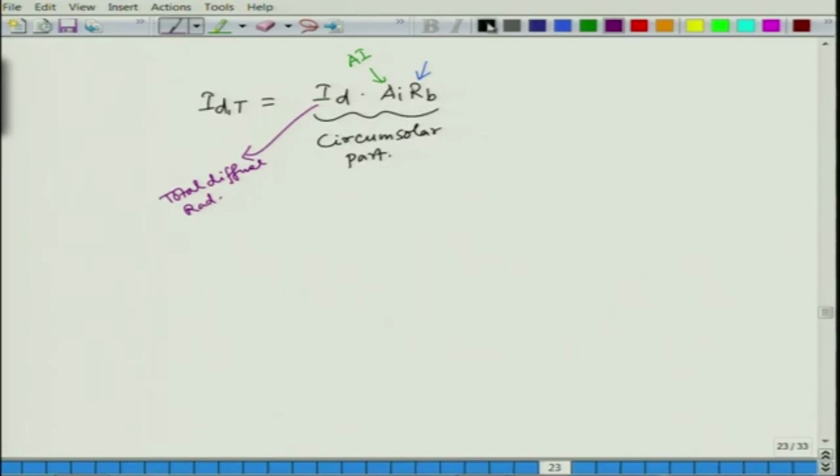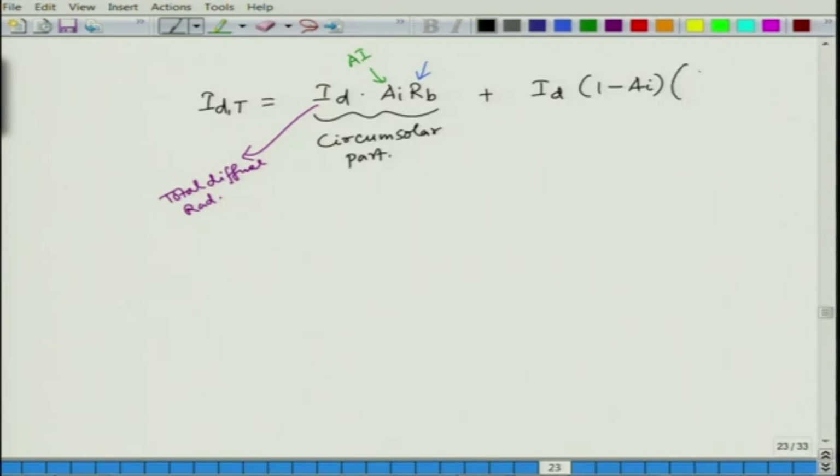Okay. And the second portion is the isotropic part, where we have this factor 1 minus AI, that tells that 1 minus AI is what you have other than the circumsolar part. Okay.